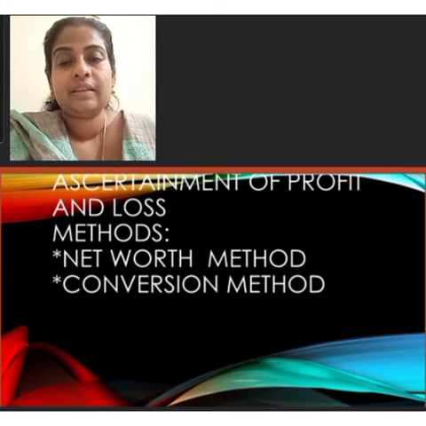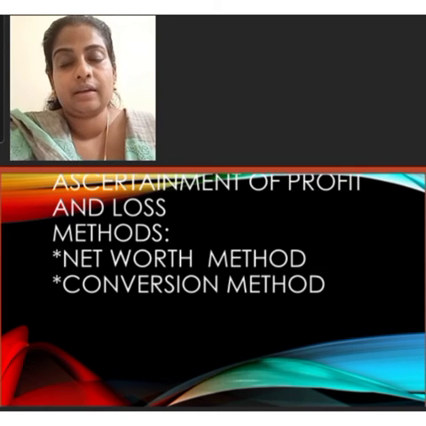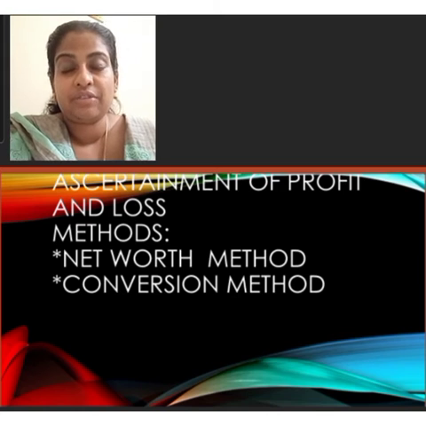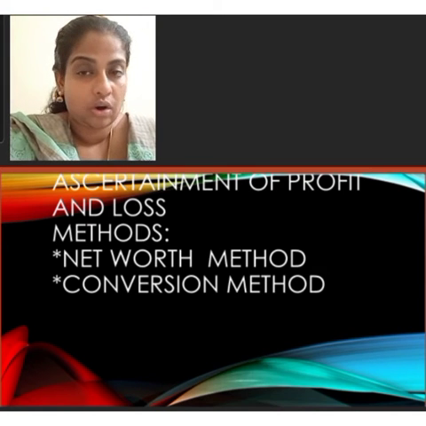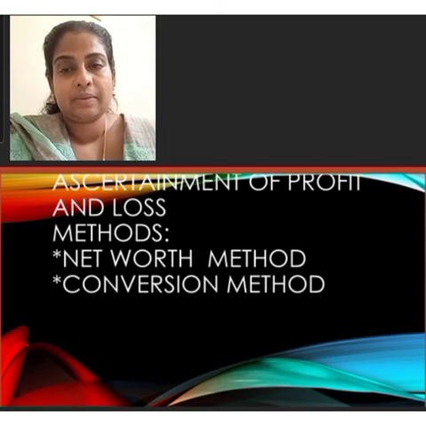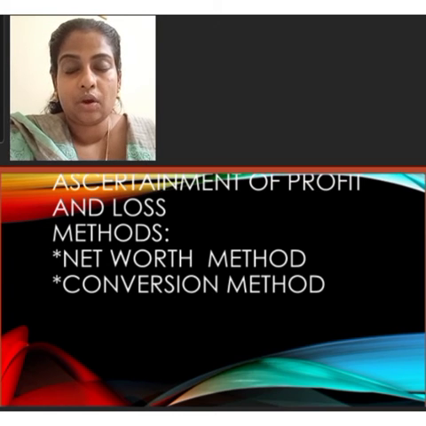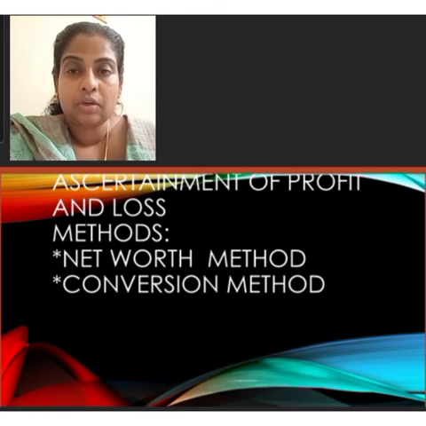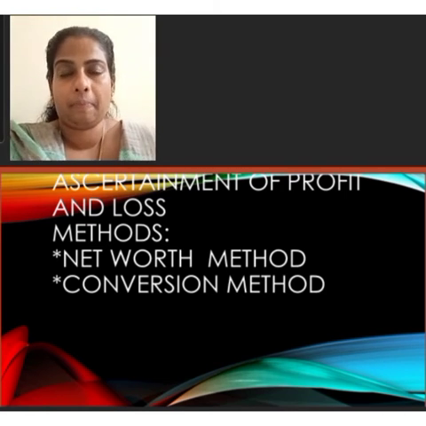Then the next step is to enter all the liabilities on the liability side. After entering the liabilities, the next step is to find out the total on the asset side. Then we copy the same total on the liability side.